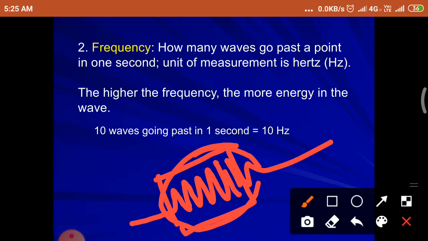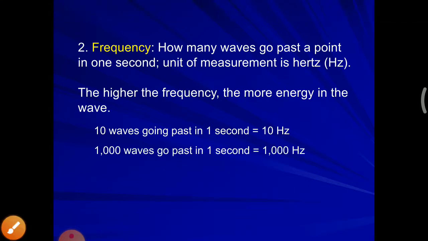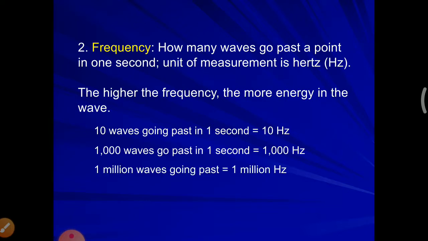The frequency of this wave is 10 hertz. If 1000 waves go past in 1 second, the frequency is 1000 hertz. If 1 million waves go past, the frequency is 1 million hertz.